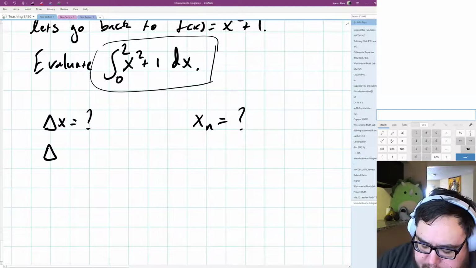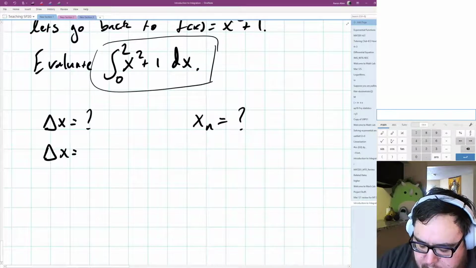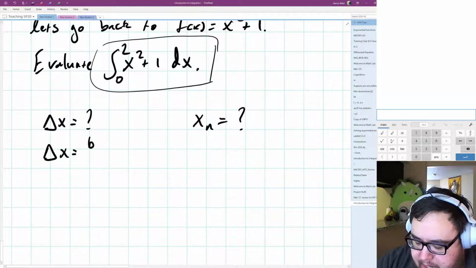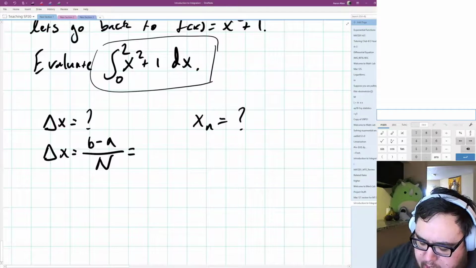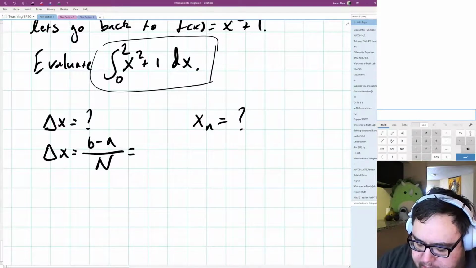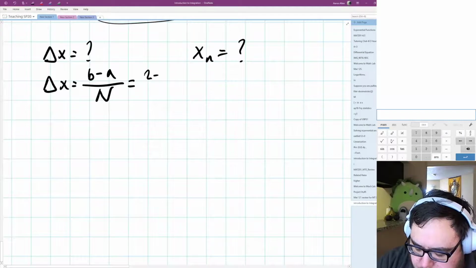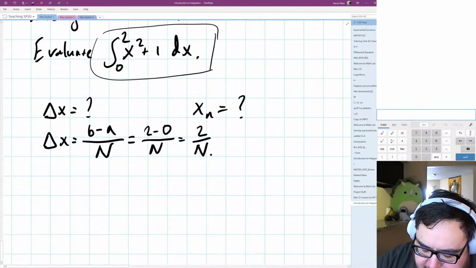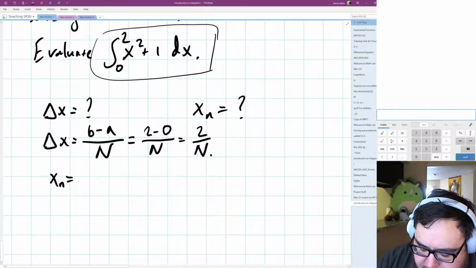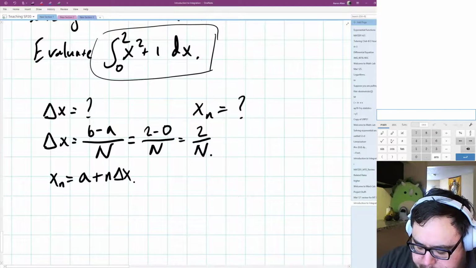So our delta x is b minus a divided by big N. So that's actually going to be 2 minus 0 over big N, which is 2 over N. And x sub n is going to be a plus little n times delta x.